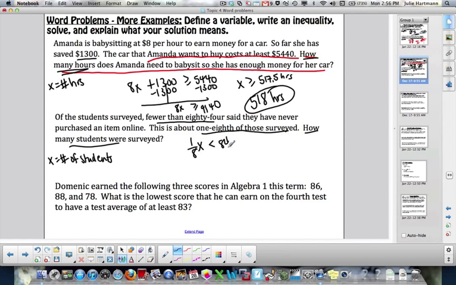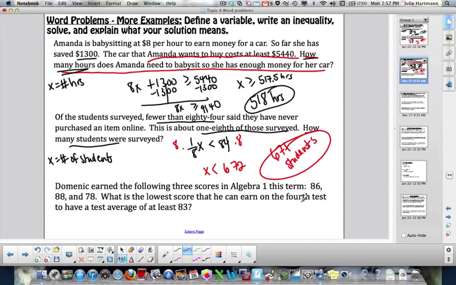So that's less than 84. When you solve that, multiply by 8, you get x is less than 672. So how many students were surveyed? Since x has to be less than 672, you could say 671 students were surveyed.